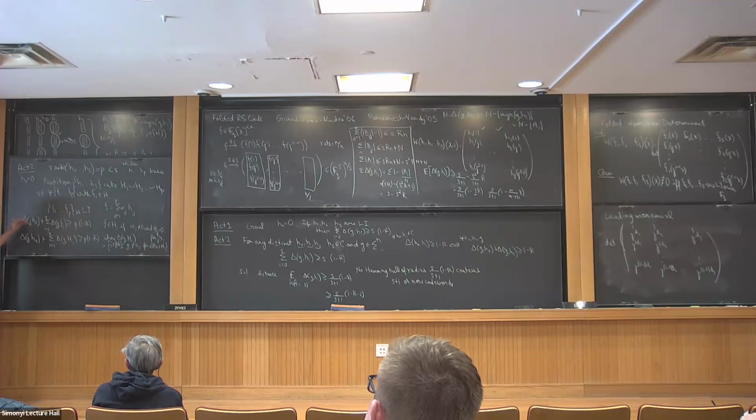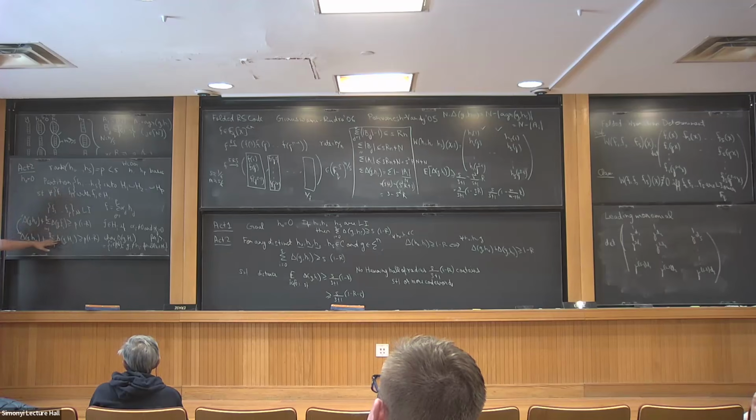I will strengthen from this statement, which was easy to show, to this. Clearly, this is a strengthening because this delta G Hi is always dominated by delta G Fi. It's just the intersections.